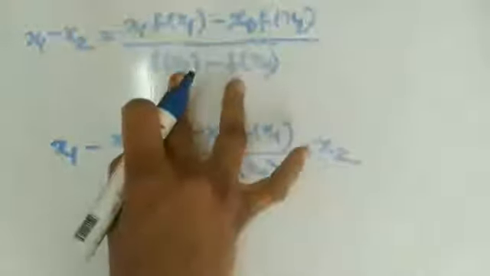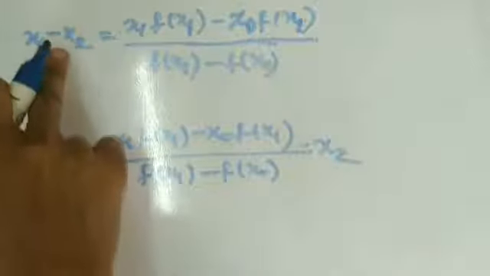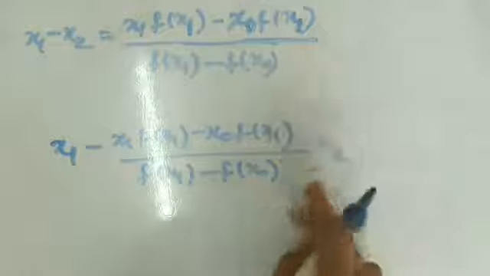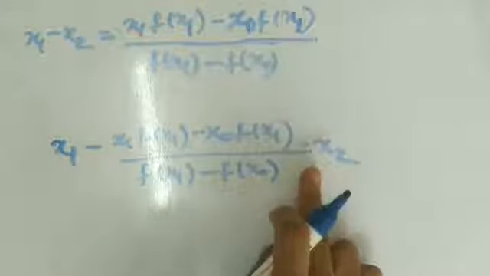Here we take this term to this side, which is negative, and here minus x2, so on this side it becomes a positive x2.